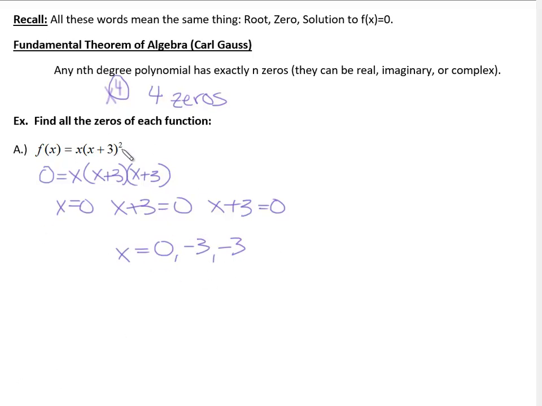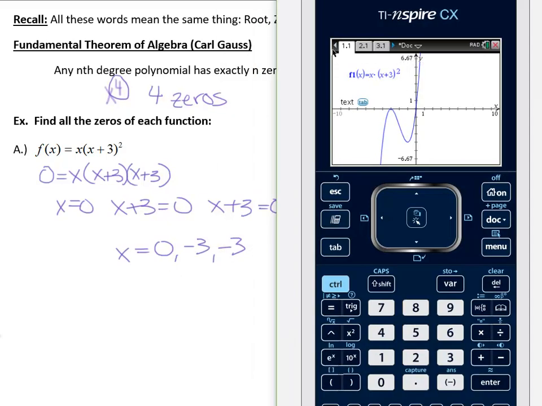If we take a look at our graph, remember we talked about multiplicity before at length. When a factor repeats twice, the graph should bounce off the x-axis at that value. So at negative 3, it should look like it's bouncing off. Here's our graph, x times the quantity x plus 3 squared, and there it is at negative 3. It's bouncing off the x-axis and then passing through at 0, which had a multiplicity of 1.